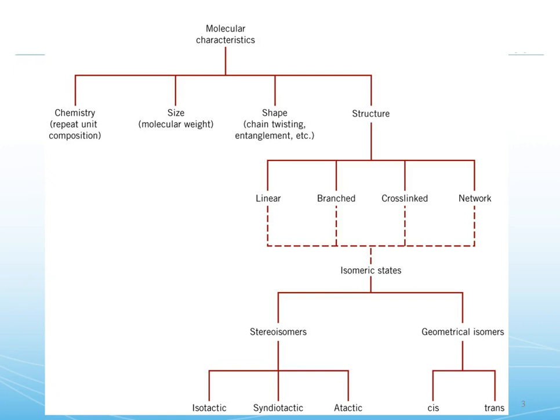And then the isotactic, syndiotactic, and atactic refer to the arrangement of side groups with respect to a main chain. So isotactic is all of the unique side groups on one side, syndiotactic is regularly alternating, and atactic is random, anything goes.